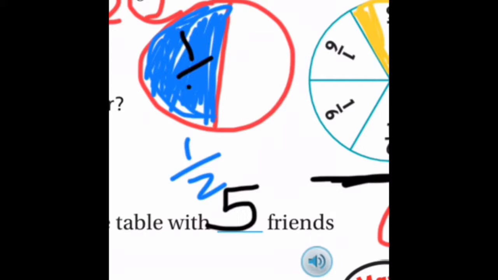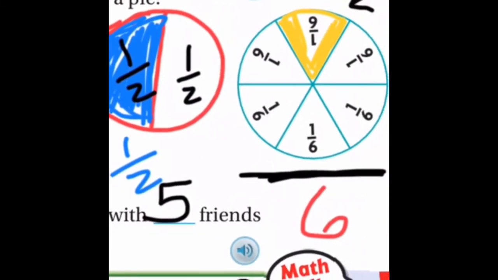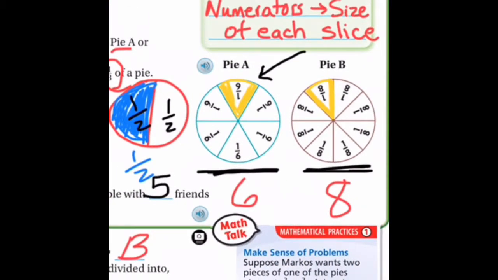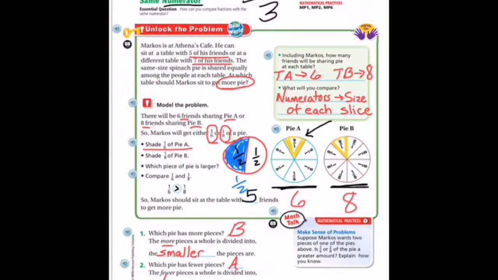So 1/2 here, 1/2 here, only divided into 2 pieces. Each piece is much bigger than pie A and definitely much bigger than pie B. So the smaller or the fewer number of pieces you divide it into, those pieces are bigger, like we just saw down here at the bottom.